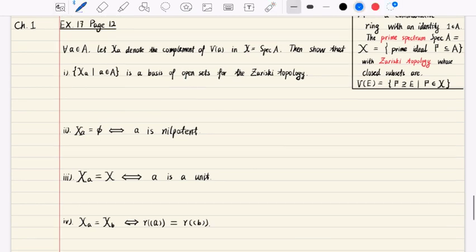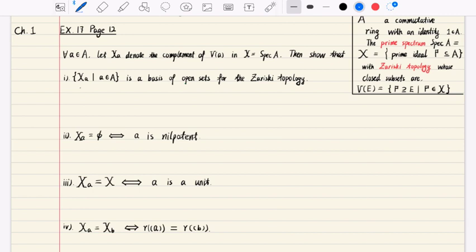So in fact, we only need to show the following things. We need to show that for any prime ideal, which is a point in the spectrum, and any closed subset, well, you can use open subset, but since we have already defined our closed subset, F equals to, let's see, V of some ideal.